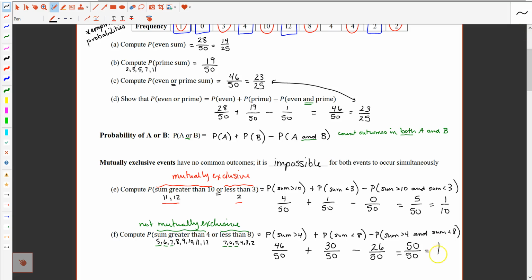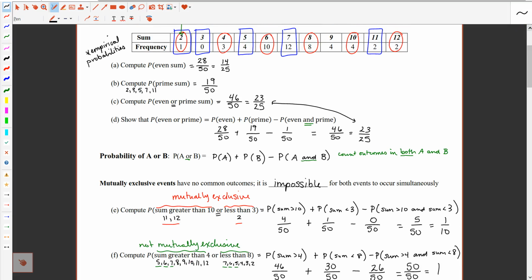Let's take a look at why we ended up getting a probability of 1. You might actually have been able to recognize that that was going to be our probability without doing all this counting. For the sum being greater than 4, I was going to come through here and grab all of these, right? All of those trials had a sum greater than 4, so we were going to count those.